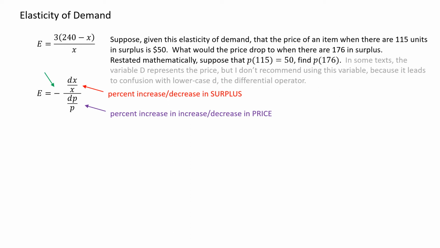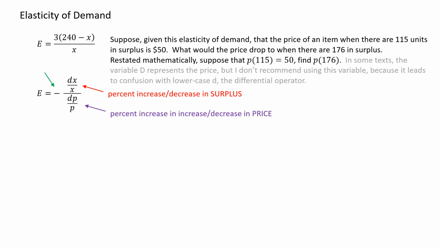But here's an interesting question. Why would putting a negative sign in a formula make something positive? Well, because it turns out in almost all cases in capitalism, either the numerator or the denominator of this fraction is negative while the other one is positive. For example, if you have an increase in surplus, you're going to have a decrease in price.